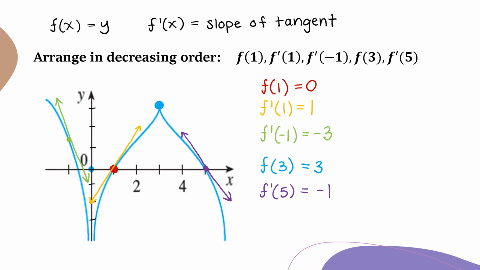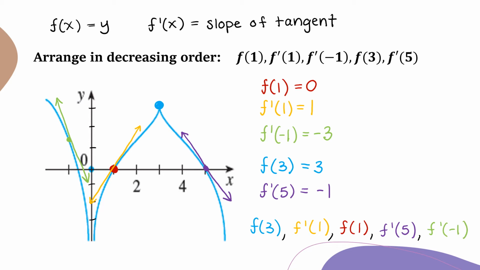And then I want to arrange these in decreasing order. So that'll be f of 3 is my greatest, then f prime of 1, then f of 1, then f prime of 5, and last but not least, f prime of negative 1.